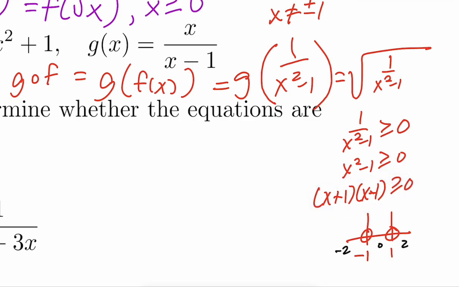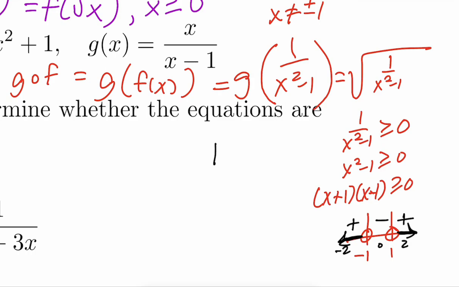If you plug in -2, you get -1 times -3, which is a positive. If you stick in 0, you get 1 times -1, which is a negative. If you stick in 2, you get 3 times 1, which is a positive. So we want the greater than or equal to sections.